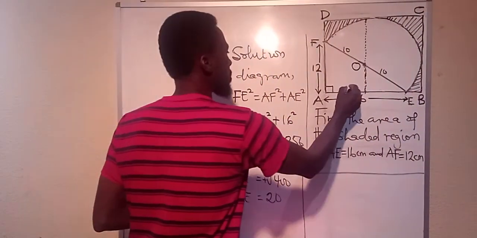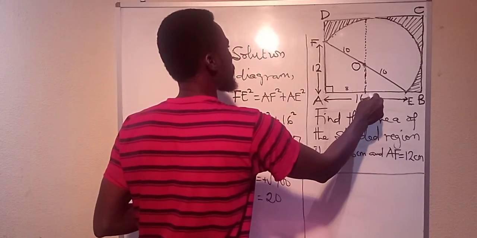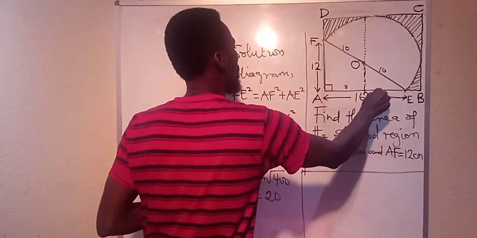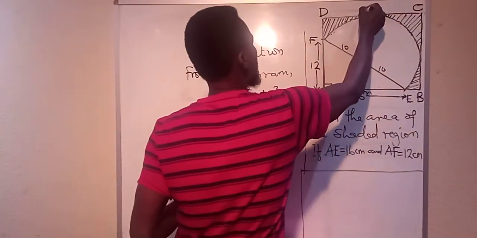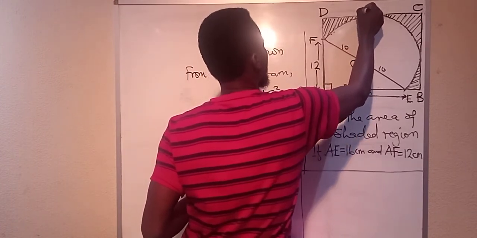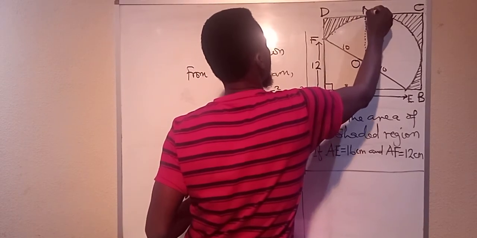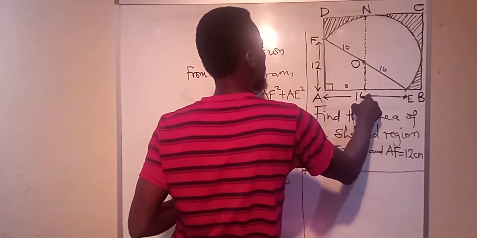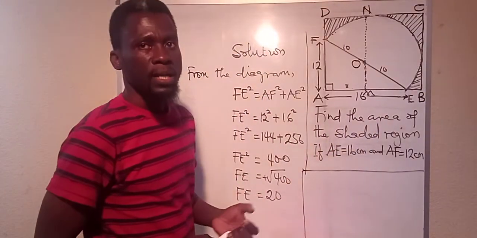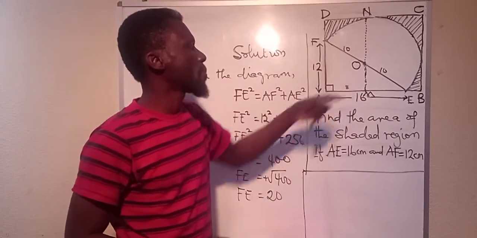So let's put a letter here, say M, and here capital N. Now we have ON and then we have OM over here.